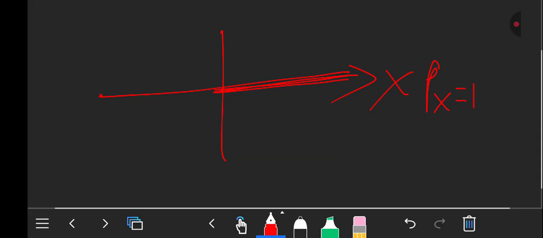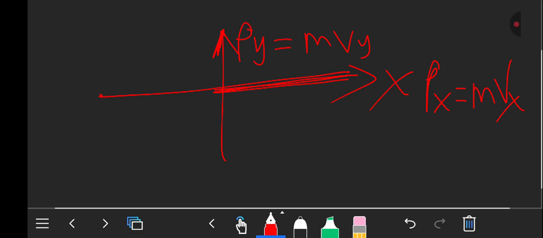Then we need to understand that this linear momentum can be expressed in terms of x, in terms of y, and also in terms of z. Let's say the momentum in the x-axis: linear momentum in x is equal to the mass multiplied by the velocity in the x-axis. It can also be resolved in the y direction: momentum in y will be equal to the mass multiplied by the velocity in y.